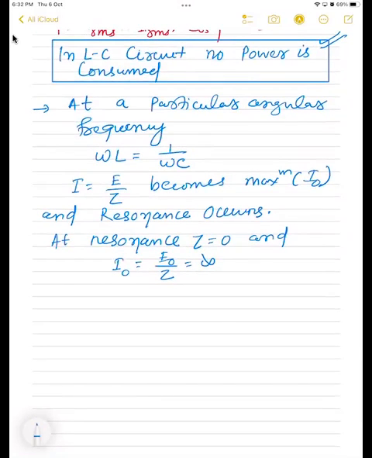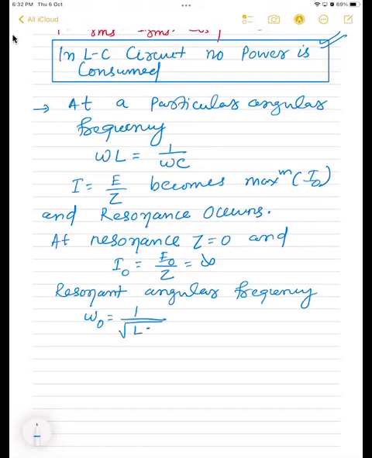And resonant angular frequency, that is omega naught, is equal to 1 by root over of LC, correct?